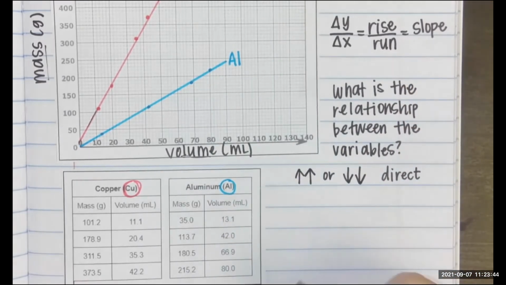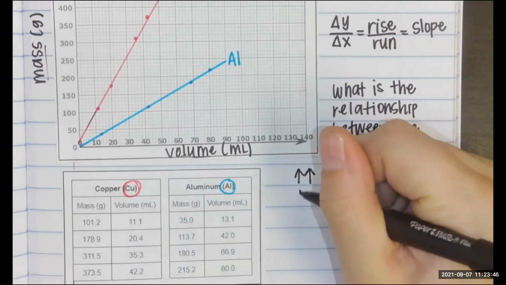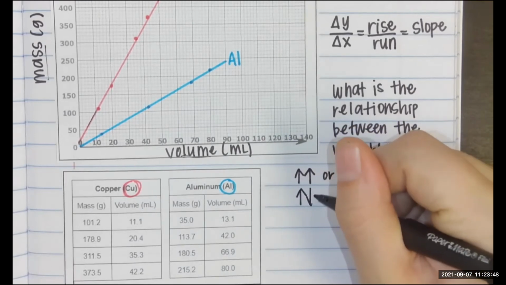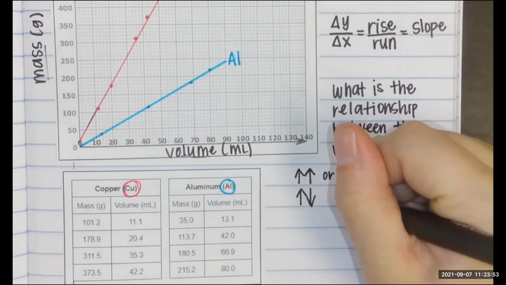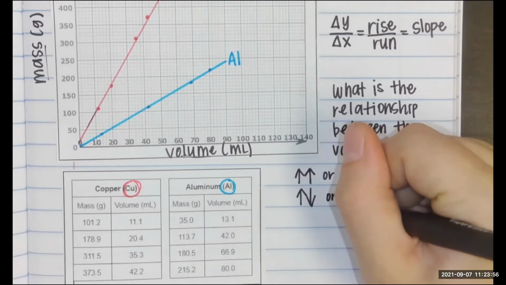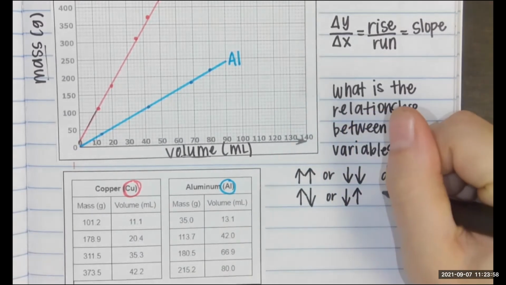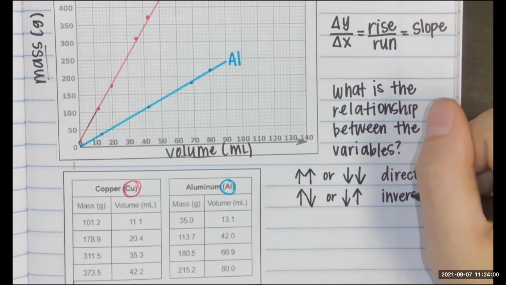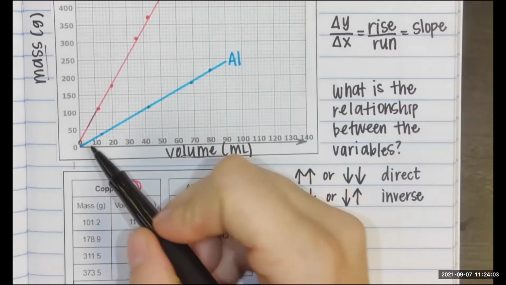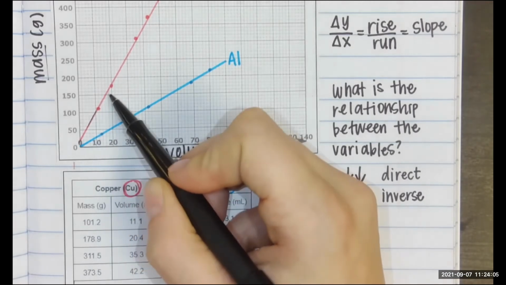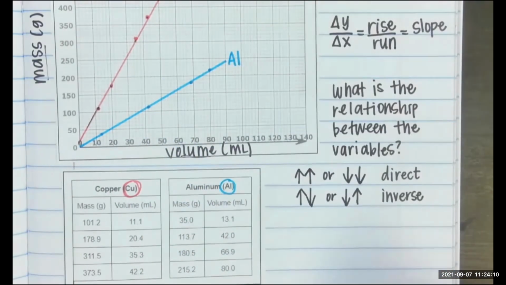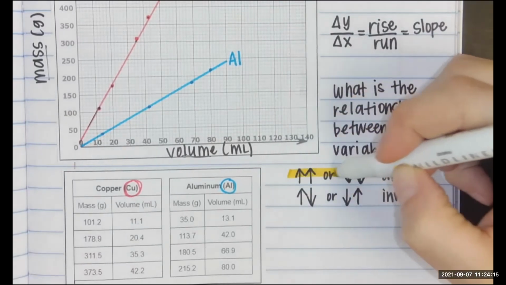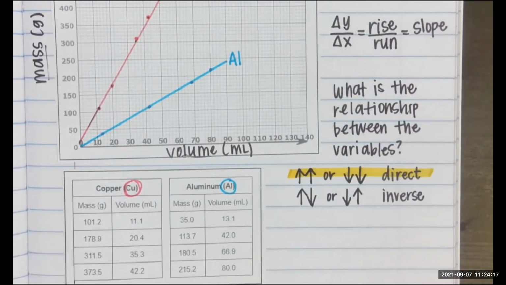Obviously, there's more complications we could add, but just for my class, we're going to keep it easy. If they run the same, it's direct. And if they run opposite of each other, then we're going to call it inverse. The more that I weigh, the more space I take up. So that is a direct relationship.